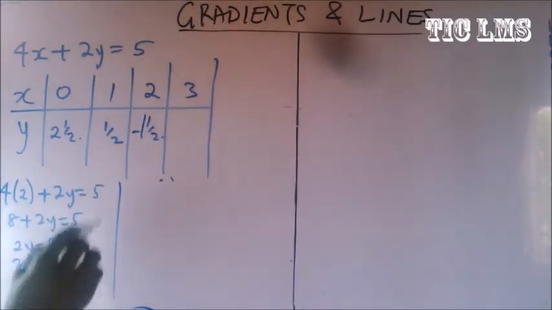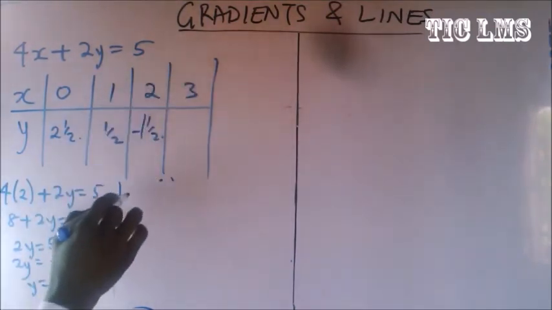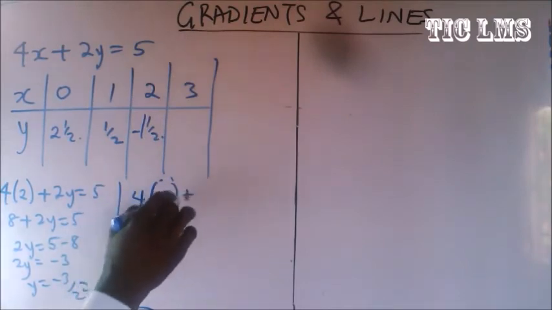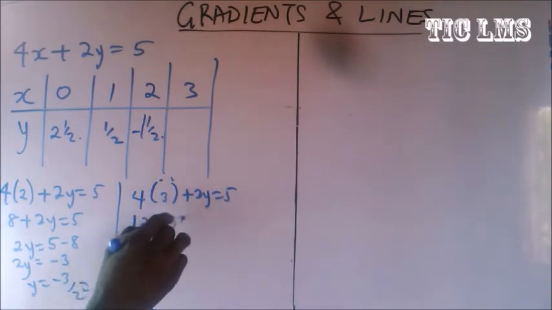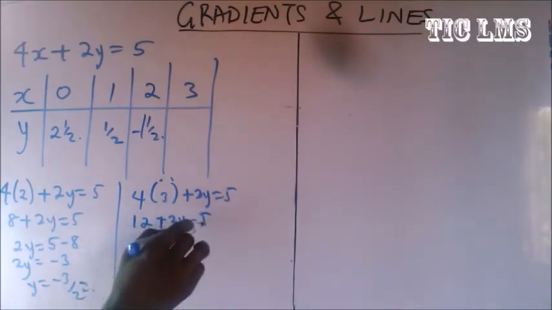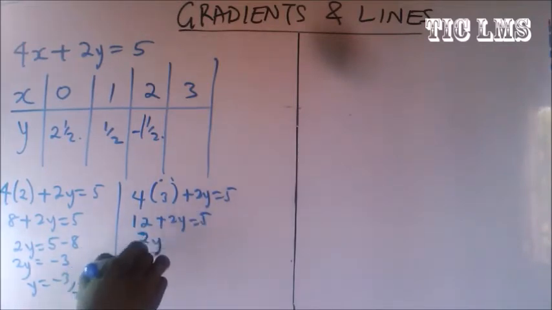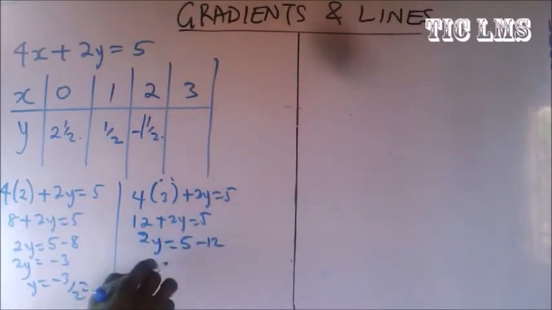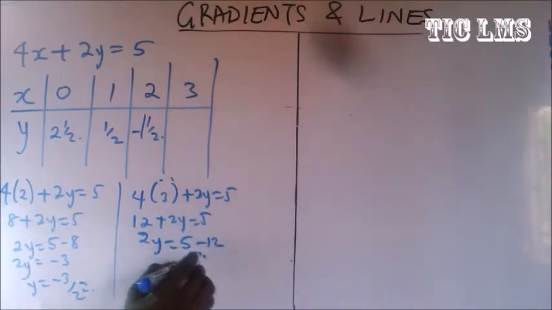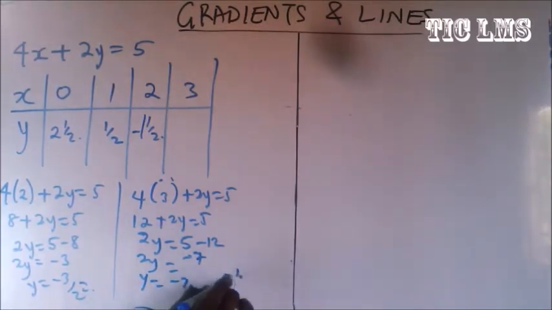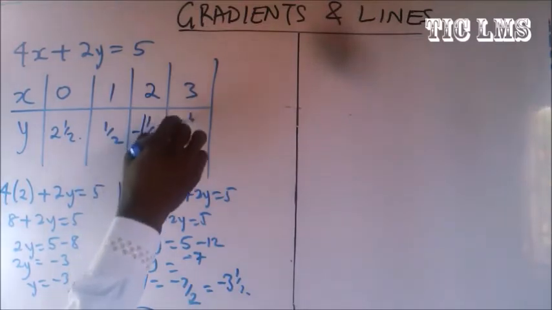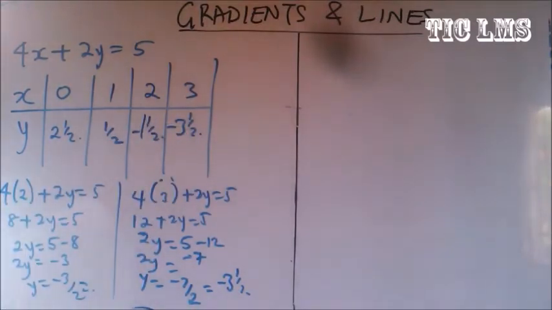And then what will be the value of y when x is 3? We'll have 4 into bracket 3 plus 2y equal 5. 4 times 3 gives 12 plus 2y equal 5. So collect like terms, we have 2y equal to 5 minus 12, and that gives us minus 7. So y equal to minus 7 over 2, and that leaves us with minus 3.5, which is minus 3 number 1 over 2.